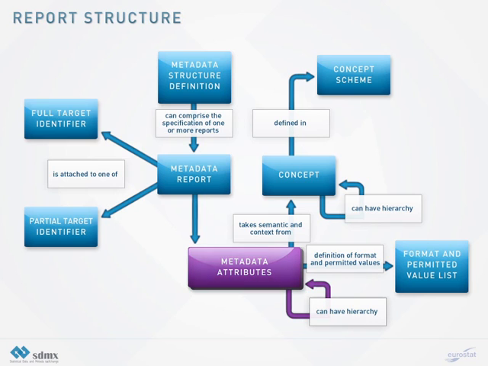In addition, each report structure is associated with a target identifier. A metadata attribute takes its semantic from a concept which is defined in a concept scheme. As with a dimension or a data attribute in a DSD, the metadata attribute can take a coded representation from a code list or define an uncoded text format.